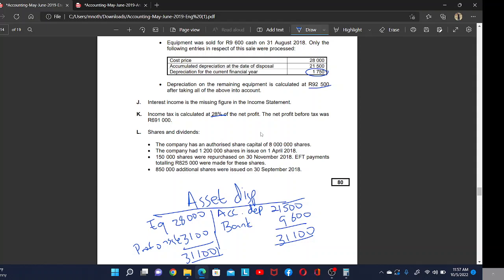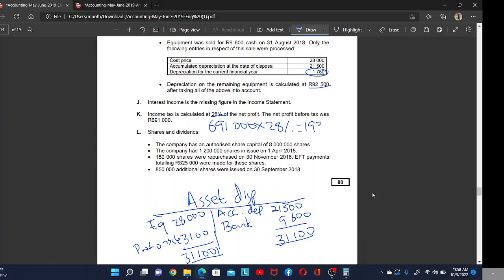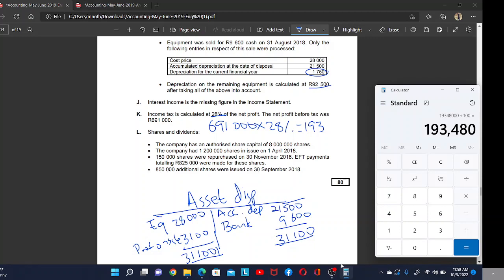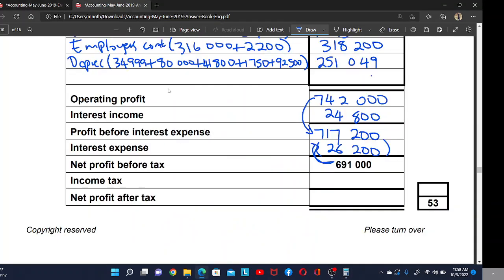So the net profit is 691,000 times 28 divided by 100, which is equal to 193,480, which is the income tax.